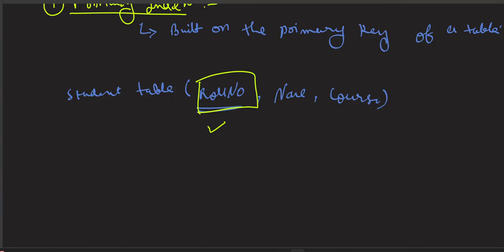In this example, if you search with the roll number, it will be easy to identify that particular person and their name and course. So this is called a primary index example.